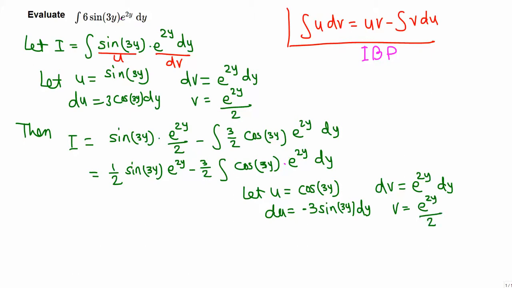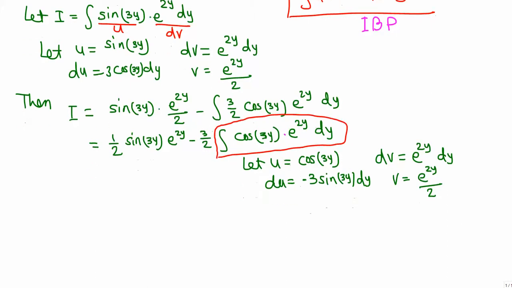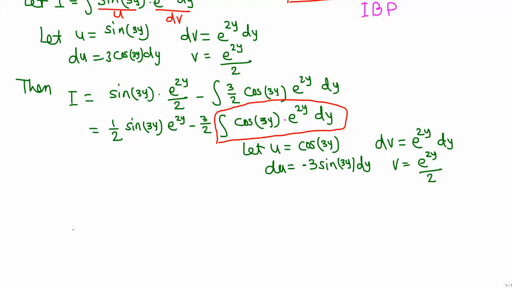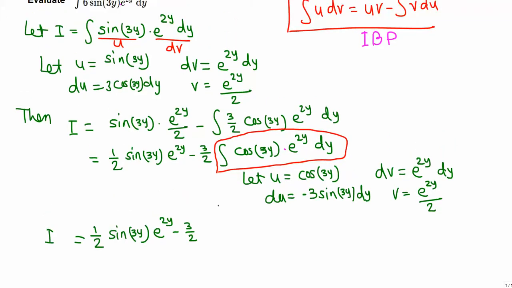We are using integration by parts just for this integral. Then we get the integral, without 6, I, equals 1 half sine 3y times e raised to 2y minus 3 halves, and we put a bracket because we need to distribute negative 3 halves in a moment. Using the integration by parts formula we get uv minus the integral of v du.